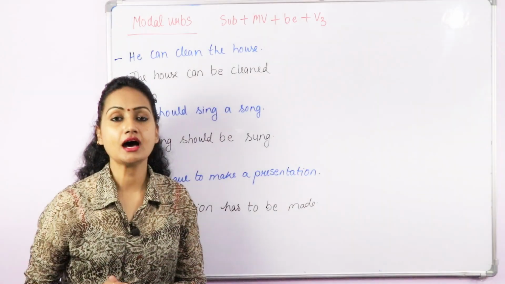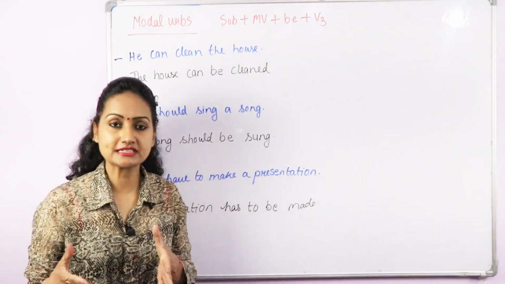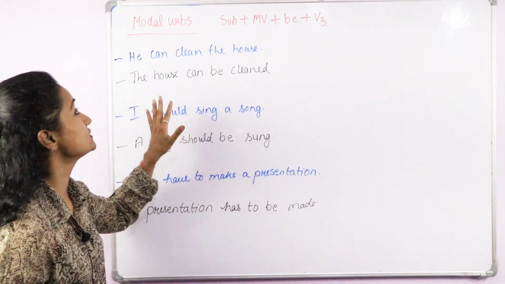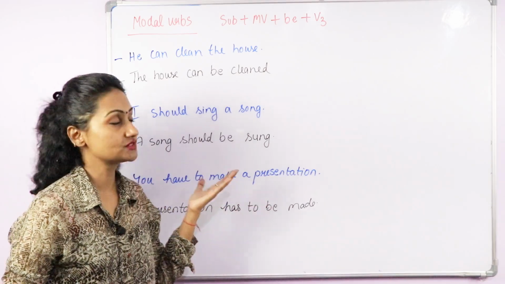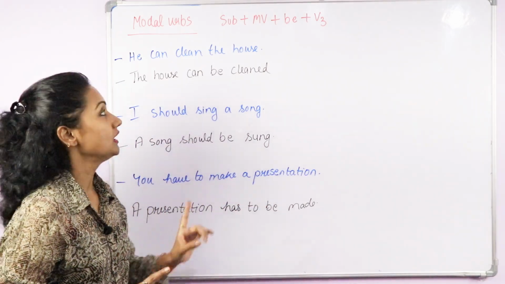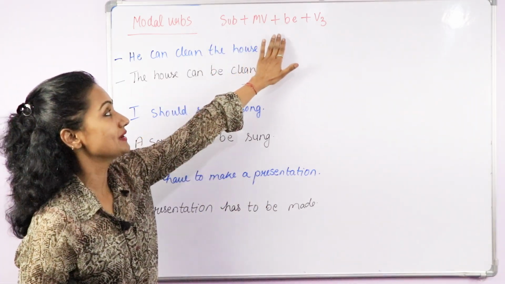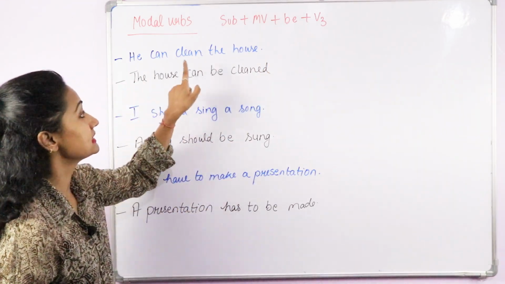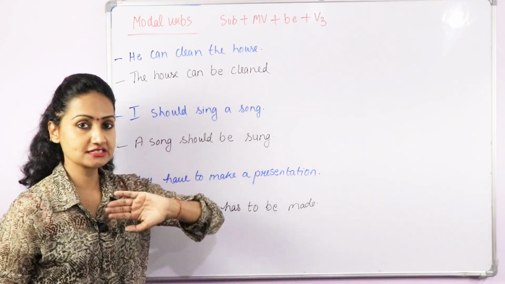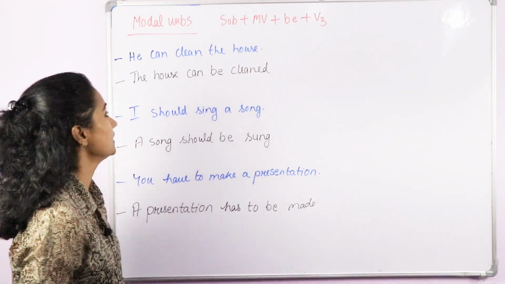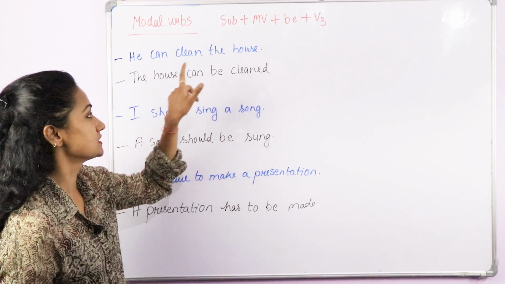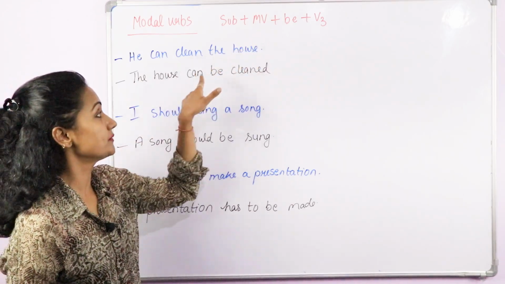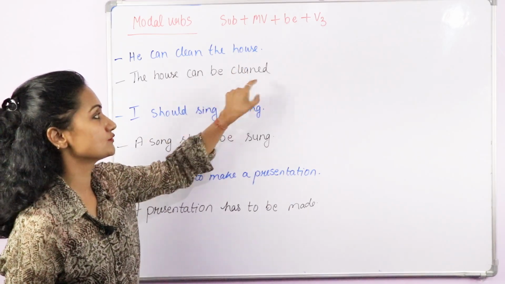Now we have seen how to make a passive sentence in different tenses. Now let's see how we can make a passive sentence when it comes to modal verbs. So there is only one rule, subject plus modal verb plus be plus third form of the verb. He can clean the house. This is an active sentence. The house, object, will become the subject. The house, then modal verb can, be, third form of the verb.